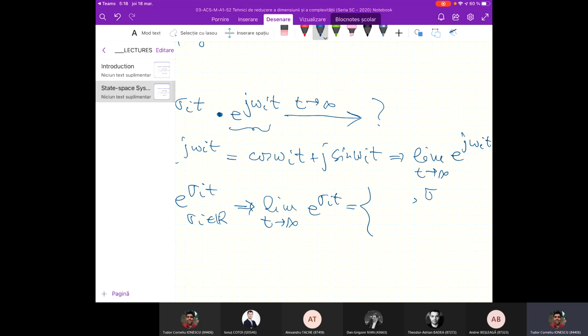Of course, we have to discuss the cases: sigma i positive, sigma i equals 0, and sigma i negative. Do you agree? You cannot discuss the exponential just like that. So what is the limit when sigma i is positive?